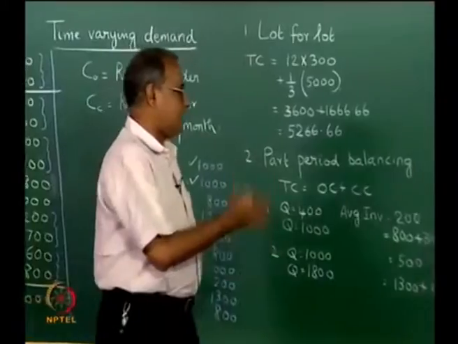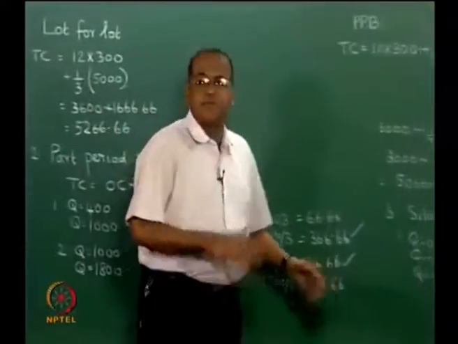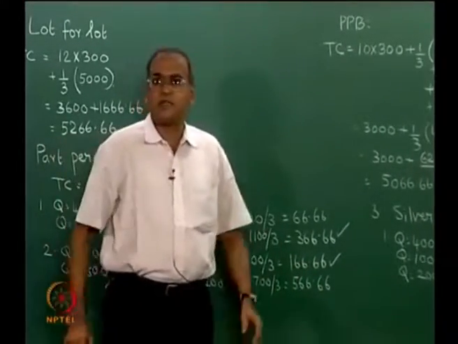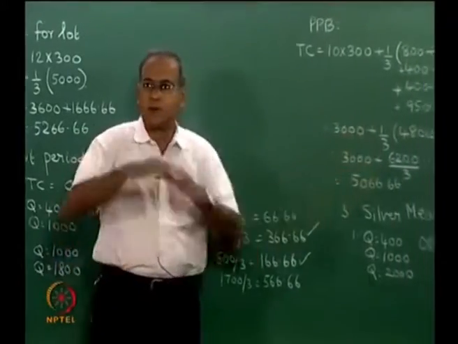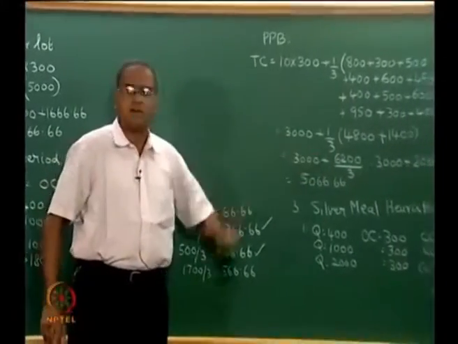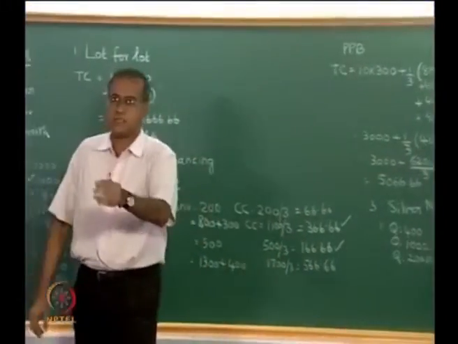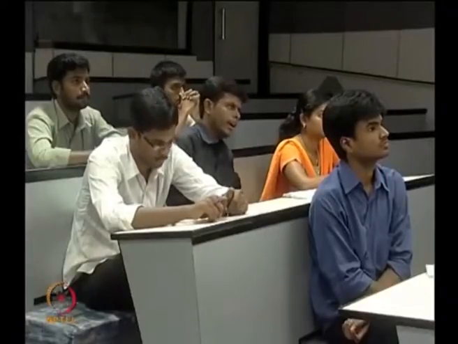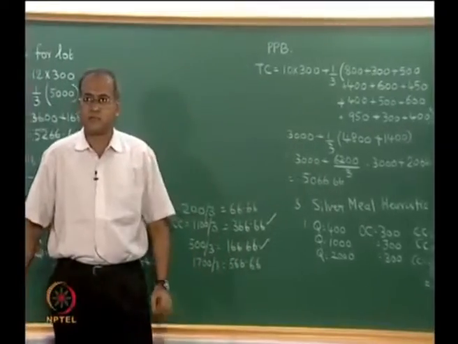Now, let us call L naught, or the optimum, O. In this case, O is 5000, and H, the heuristic solution in part period balancing, is 5066.66.